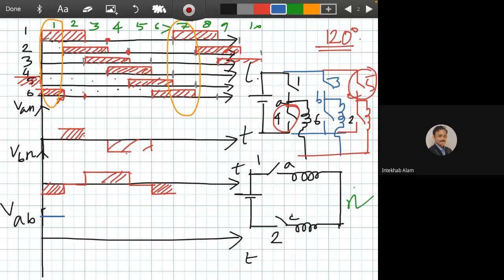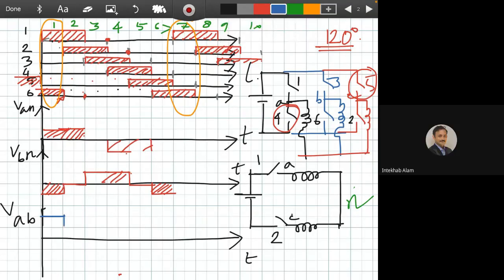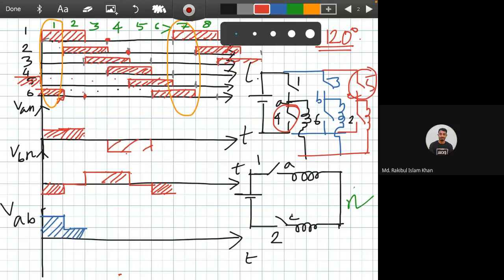So what will be the value in mode 2? Sir, half minus 0, half. So it is half. So what will be the value in the next mode? Minus half, sir. Minus half?